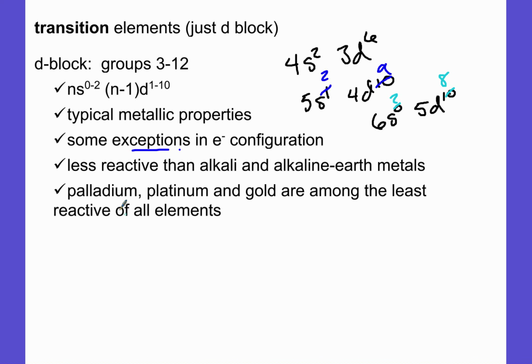So elements like palladium, platinum, gold are very unreactive and are among the least reactive of all elements aside from your noble gases. They're not reactive for a reason, right? Platinum is this one we just talked about here, right? It doesn't do the S0D10 technically, but something about S1D9 seems to be very helpful for it, right?